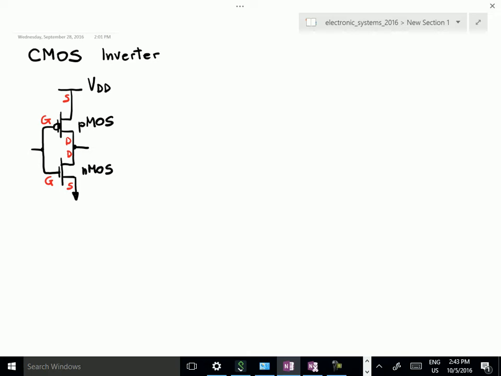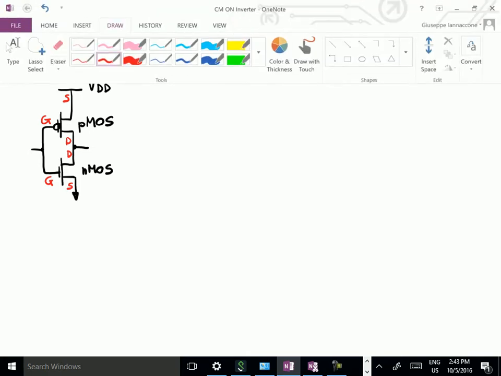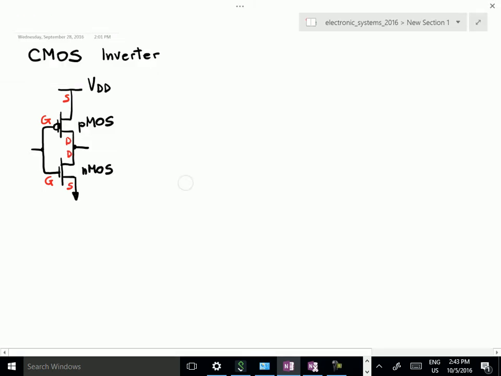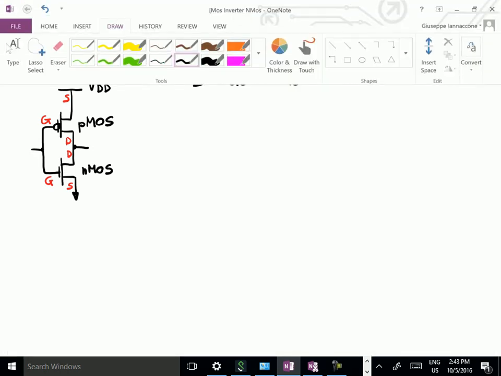We now want to rehearse the operation of the NMOS. You know that the NMOS has three regions of operation. The first region of operation is when VGS is smaller than the threshold voltage of the NMOS, VTN, and in this condition the NMOS is off.